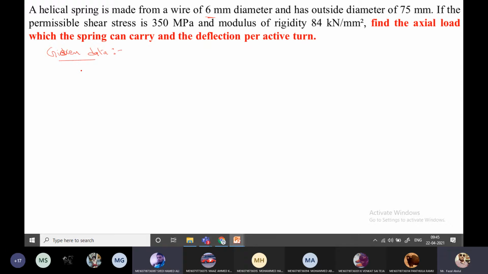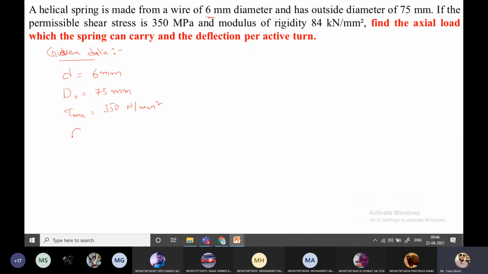Given data. See here, the wire diameter is given, d equals 6 mm, and it has an outside diameter of 75 mm. The outside diameter of the spring is given, 75 mm. The permissible shear stress is given, maximum 350 megapascal, nothing but Newton per mm square.